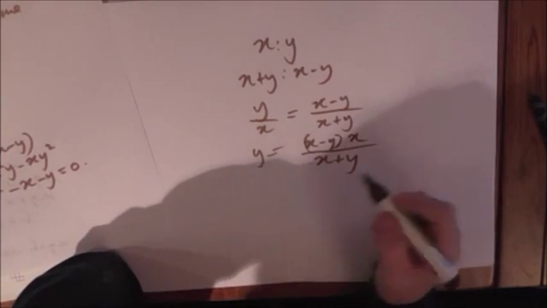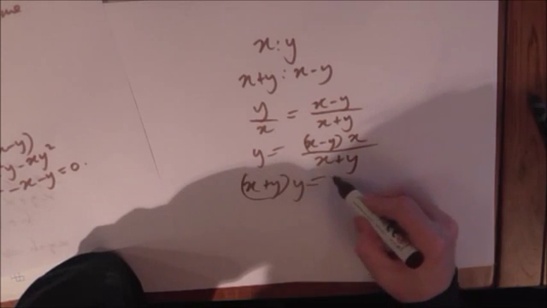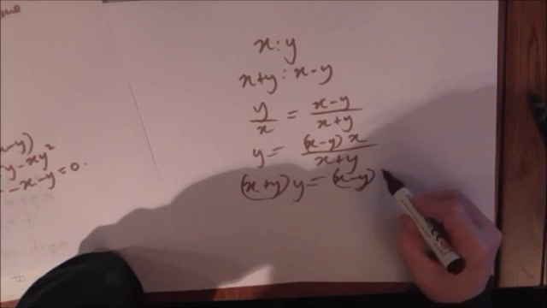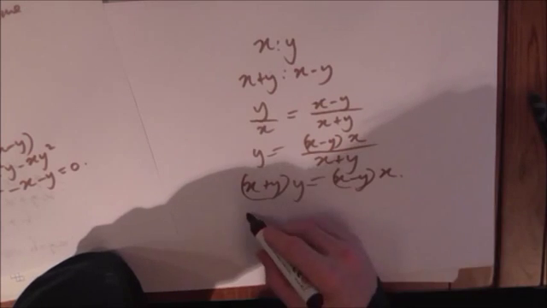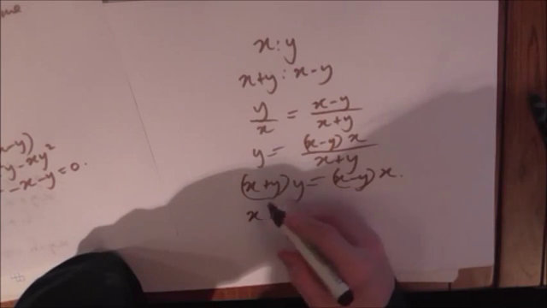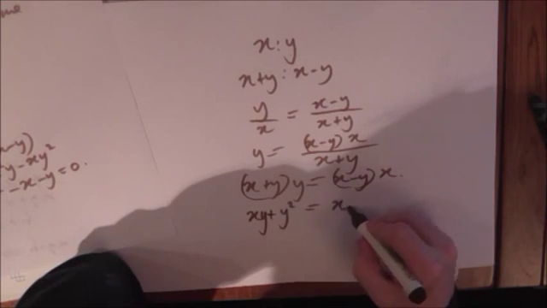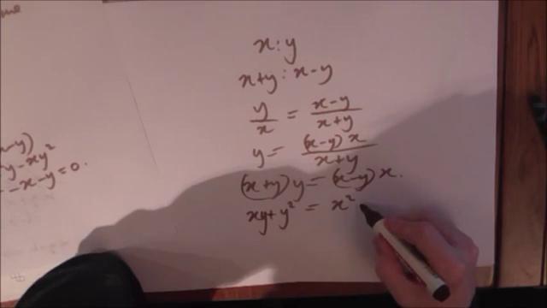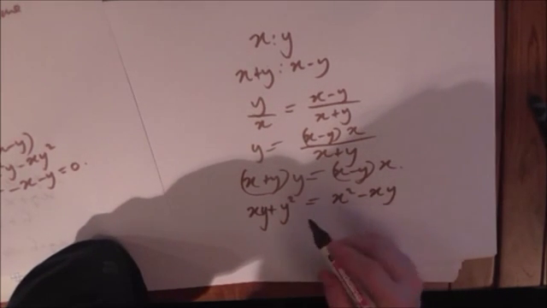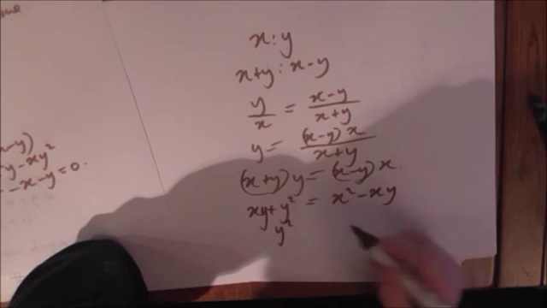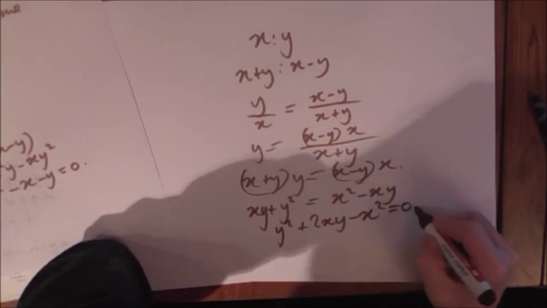Times both sides by y, you get this. Oh, here we go. xy plus y squared equals x squared minus xy. So in other words, y squared plus 2xy minus x squared equals 0.